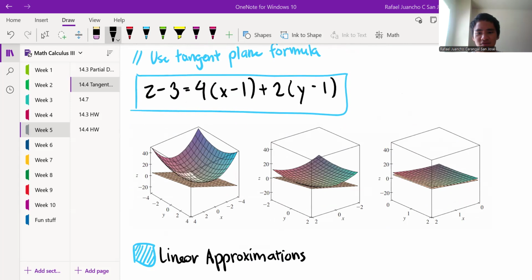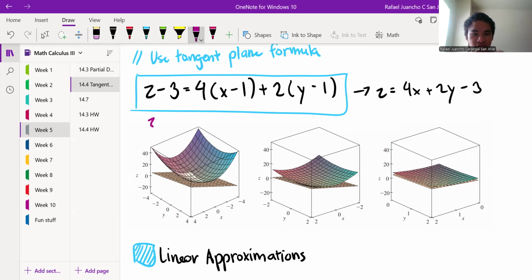And therefore, from there, we can actually find a linear function of two variables. We can simplify this thing to be z equals 4x plus 2y minus 3.